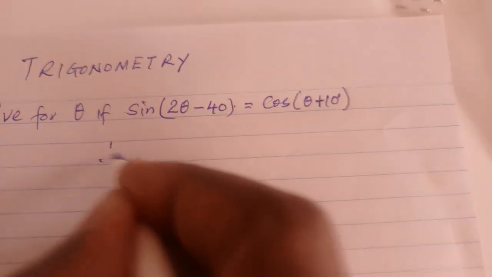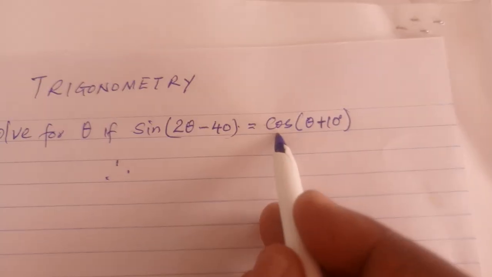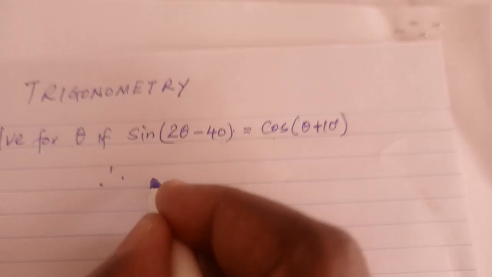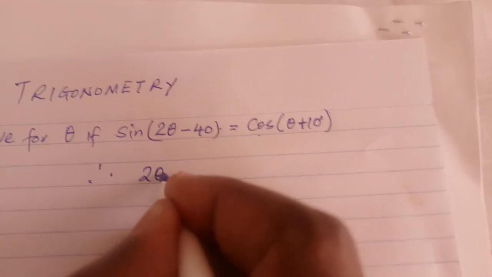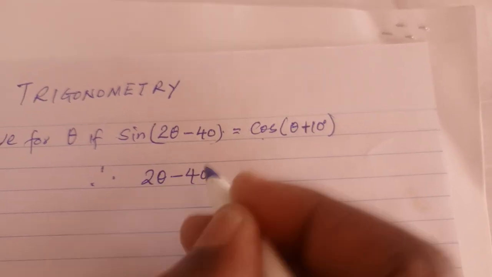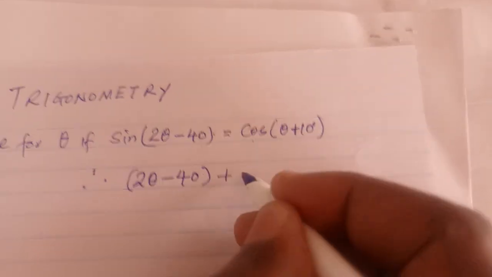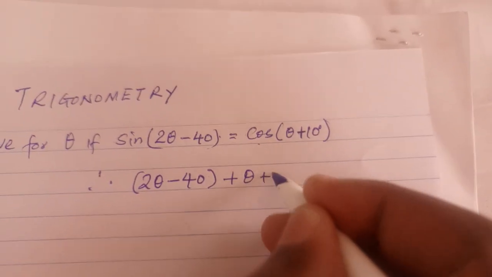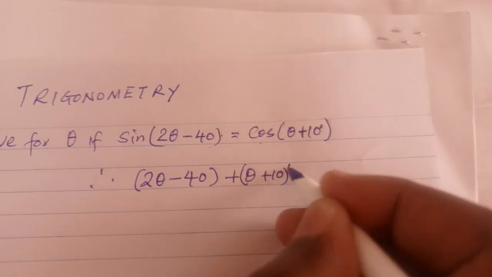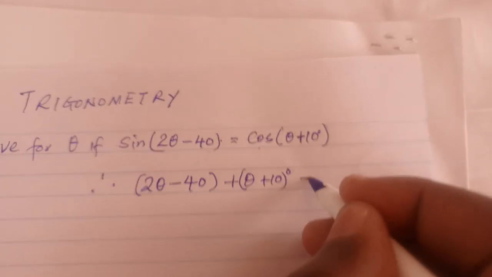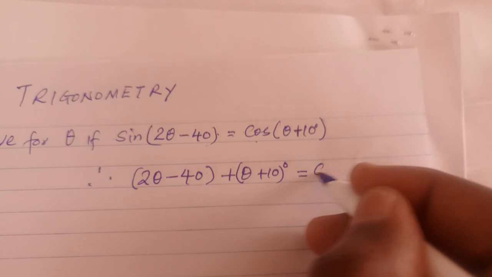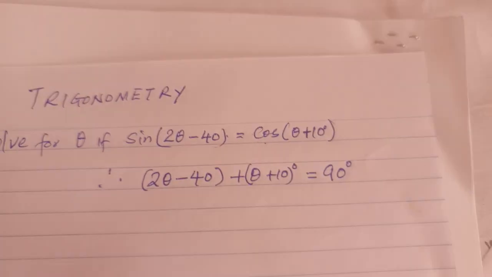So therefore, from the instruction that we have in this equation, it means that our 2 theta minus 40, that being one of the angles, plus theta plus 10, being the other angle, are complementary, and if they are complementary, they add up to 90 degrees.